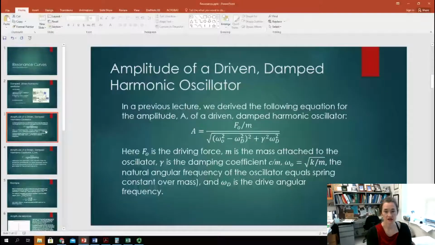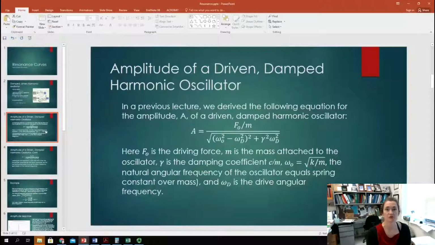So here yet again F naught is the amplitude of the driving force, m is the mass attached to the oscillator. Gamma is our damping coefficient, which is c over m. And omega naught is the natural frequency, which is the square root of k over m. And then omega_d is the drive angular frequency. So this is our equation.